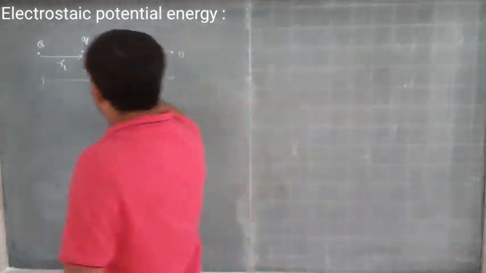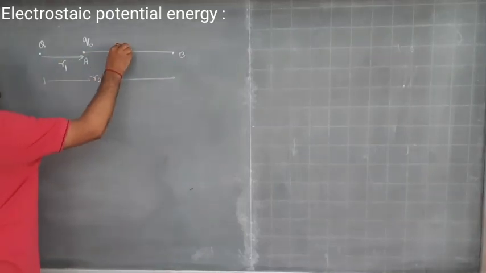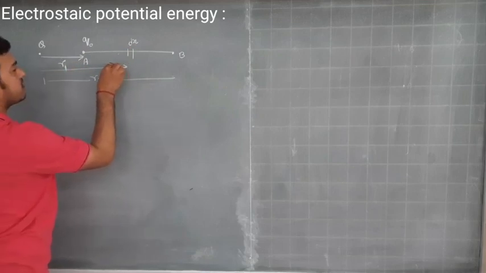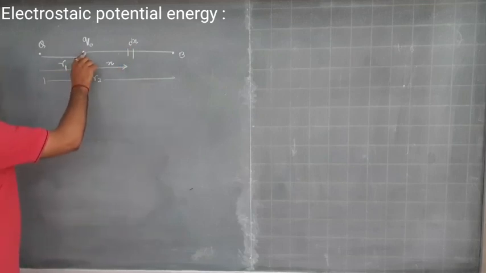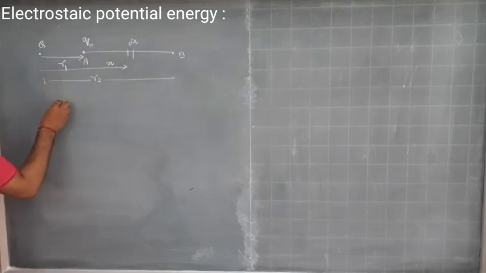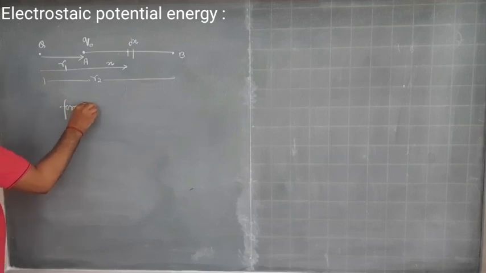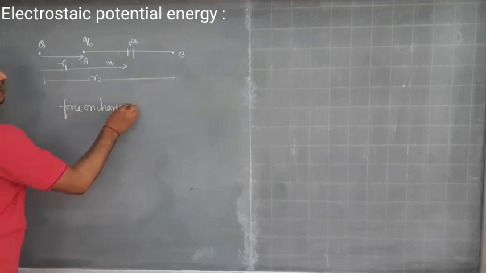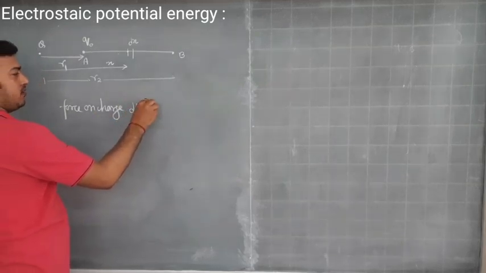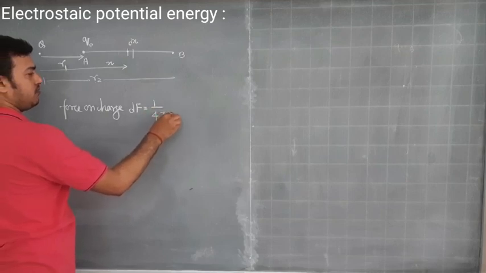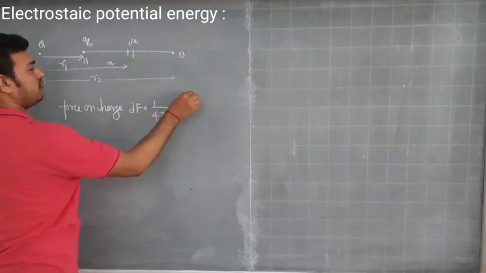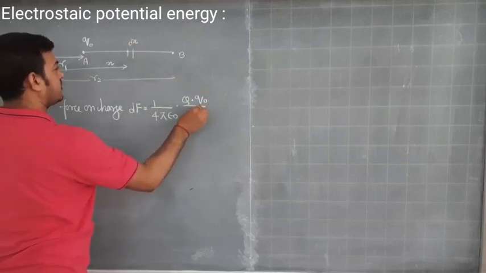So to calculate the work done, first of all, I need to take a small distance of dx at a distance of x from this charge. If my test charge is placed here at a distance of x, then the force on the charge, a small force say dF, can be calculated by Coulomb's law, and that is 1 by 4 pi epsilon naught, first charge q, second charge q naught, divided by the square of the distance.